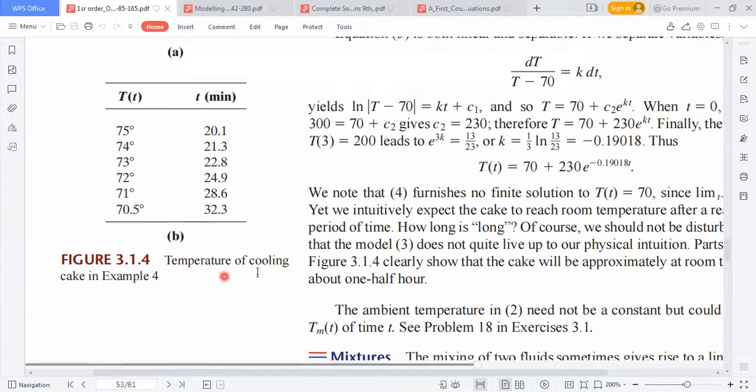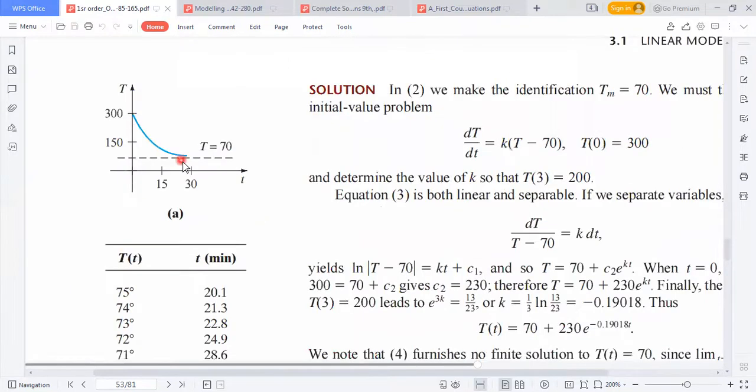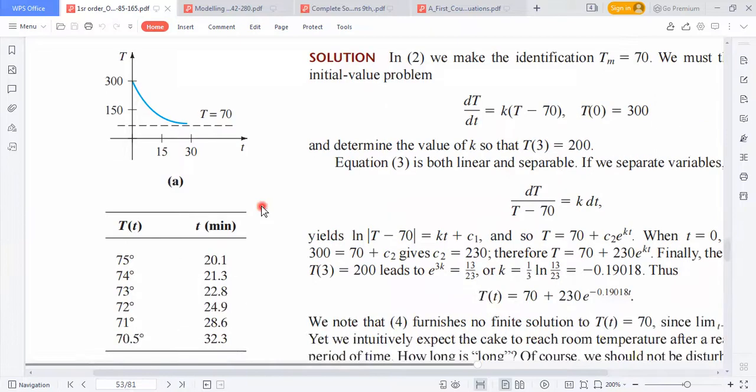So this is the temperature of the cooling cake for this example. Capital T is along the y-axis and small t is in minutes. In different minutes, we get this curve. This is the exponential curve. So this is a very nice example.